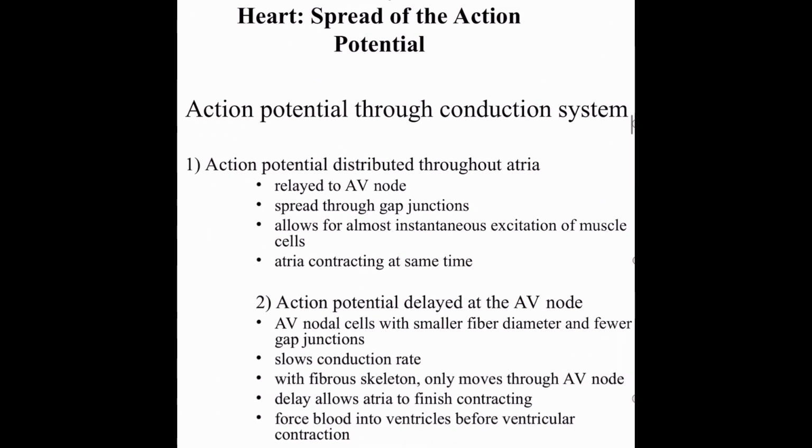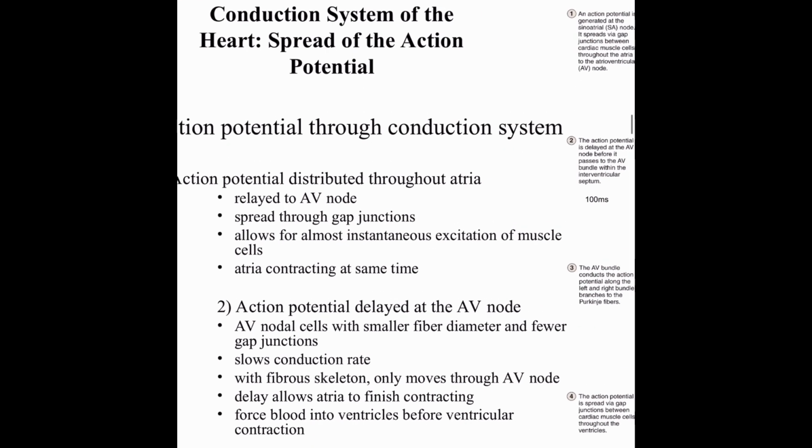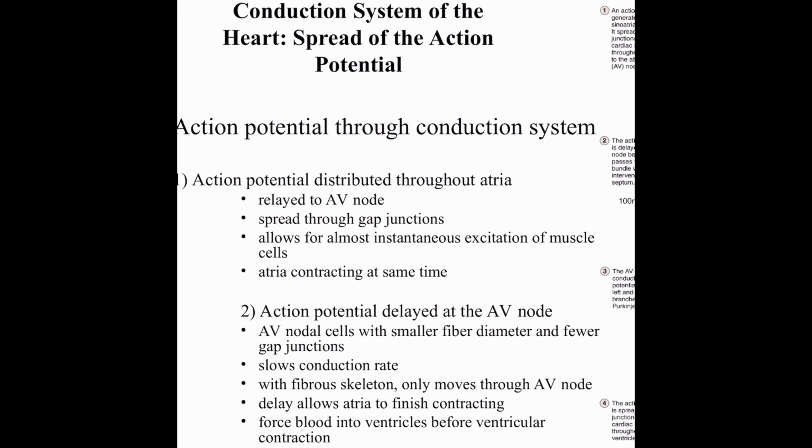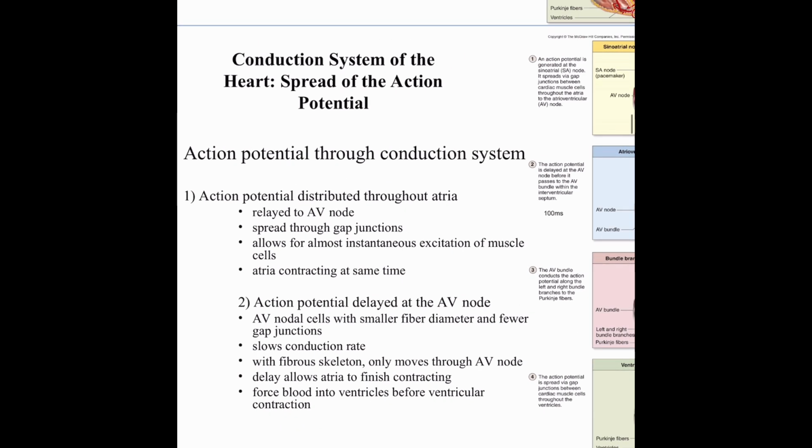Okay, so then action potential, I guess this is like a brief overview again. Action potential is distributed throughout the atrium, and it's sent to the AV node. It's spread through gap junctions of the atrial cardiac muscle cells, and because it's so easy to communicate between all the cells, it's almost instantaneous for the muscle cells, right?